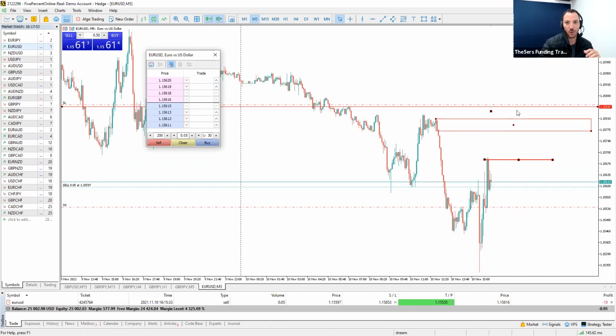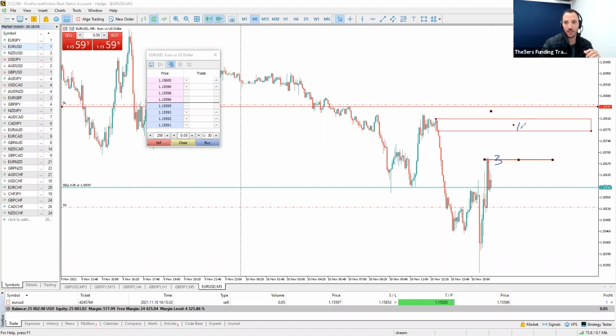If at this point I place maybe 3 at this level and 6 at this level, and the market turns around and goes down, now my maximum allocation is at my best entry point up here.